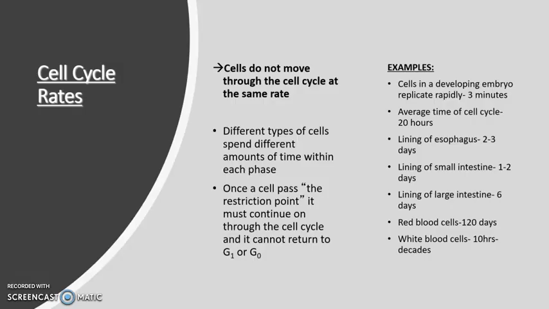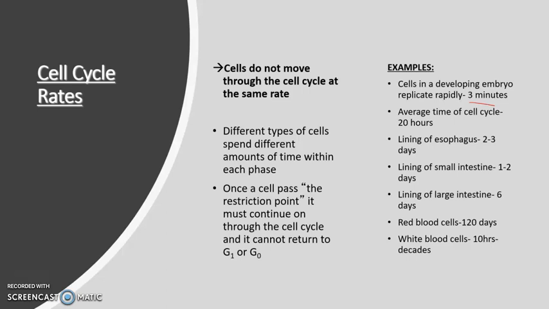The thing that's neat, cell cycle rates differ between different cells. Not every cell can go through the cell cycle at the same rate. So an embryo cell cycle is 3 minutes. You're growing incredibly fast when you're an embryo because you are trying to go from one teeny tiny little cell to trillions of cells very, very quickly.